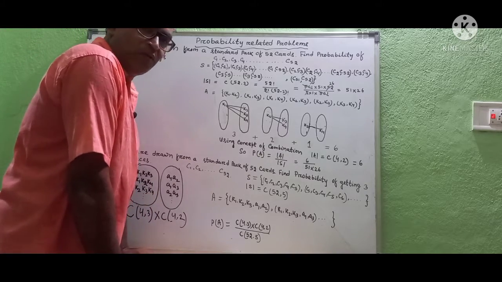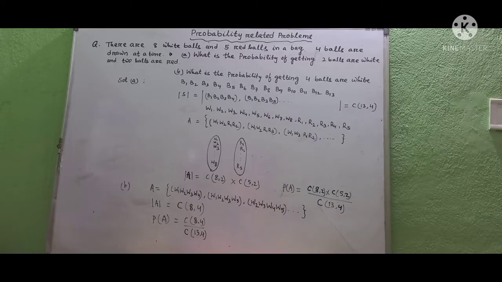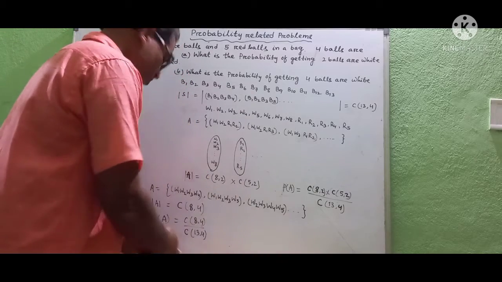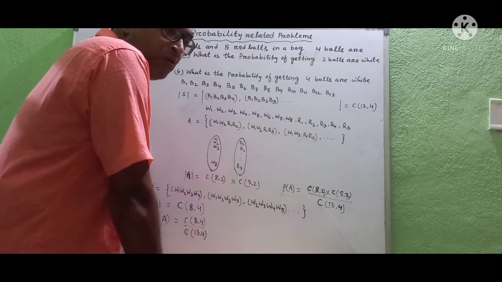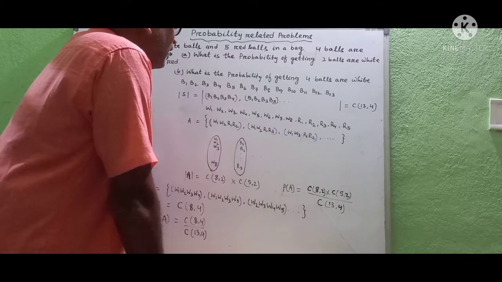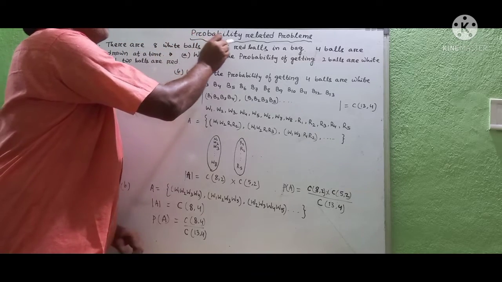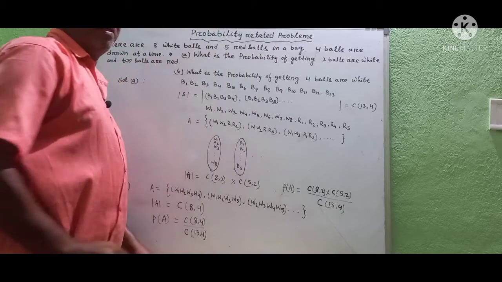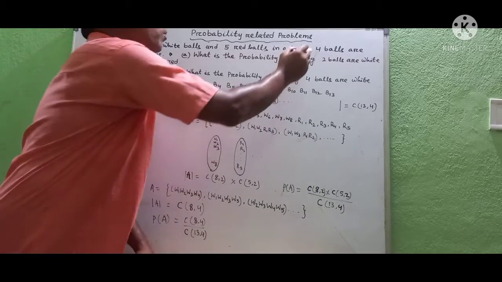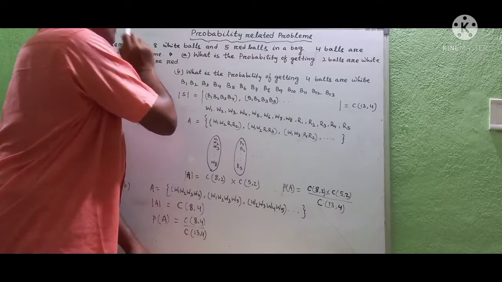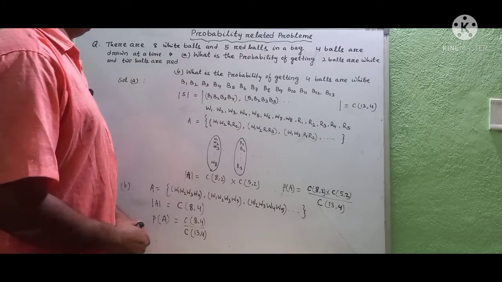Now come to another two problems I have set. You see, there are 8 white balls and 5 red balls in a bag. 4 balls are drawn at a time.